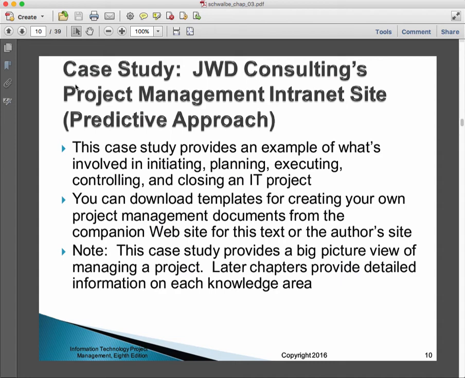And so what they want to do is create an intranet site that their consultants can use in order to have a lot of information at their fingertips regarding project management, such that they can do a better job of being and appearing to be project management experts. Okay? So we're going to take two approaches to this. First of all, we're going to see the predictive approach with a waterfall kind of approach, and then we're going to see an adaptive approach with Scrum. Okay?